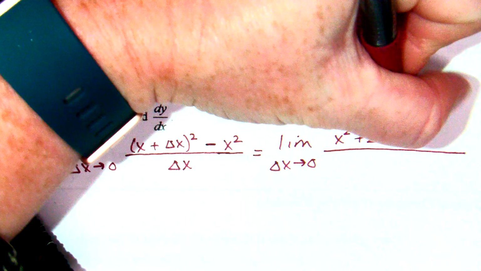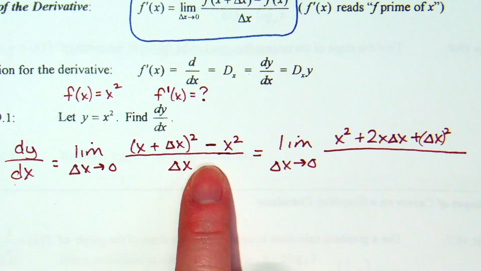And that's going to be 2x delta x plus last delta x times delta x is delta x squared. And then don't forget, what did we already have here? Minus x squared. So we had to FOIL. We did our FOILing, and then it was still minus x squared all over delta x.